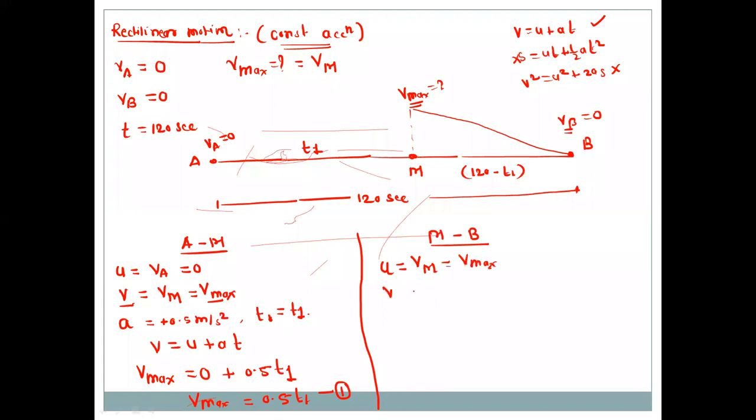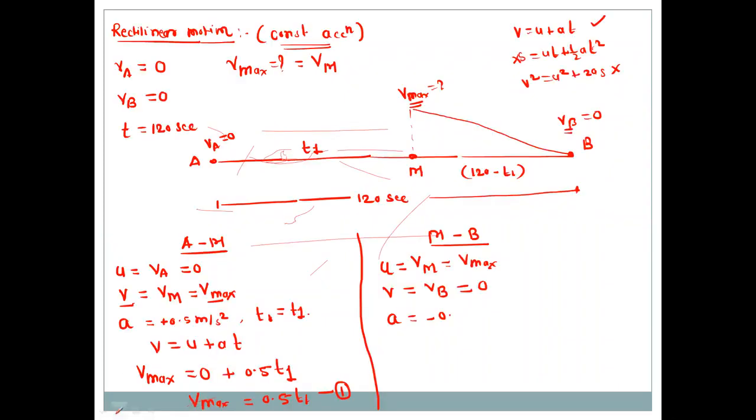Then the final velocity V at point B is 0. The acceleration is minus 0.3, and the time taken t is equal to 120 minus t1.